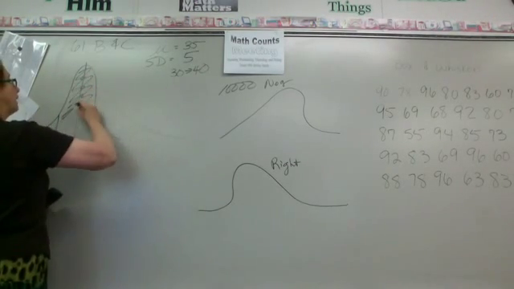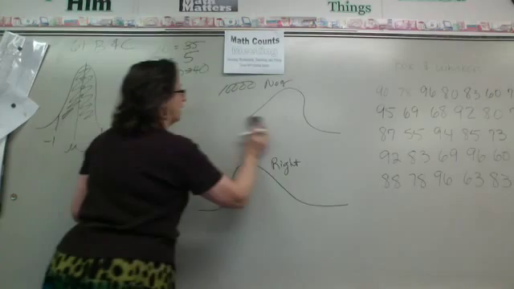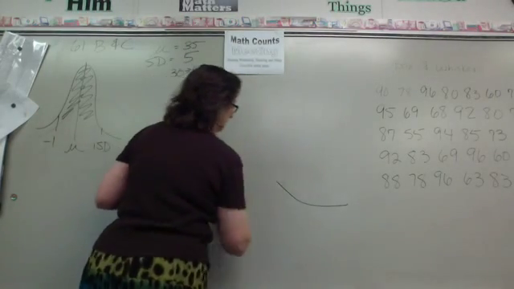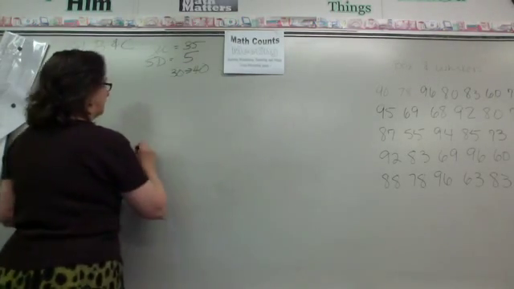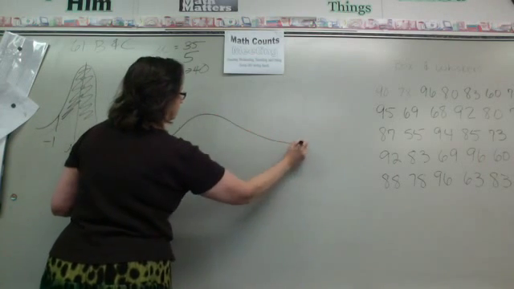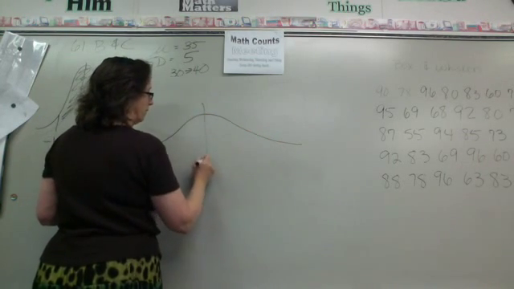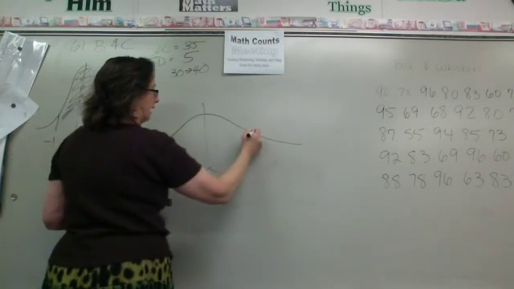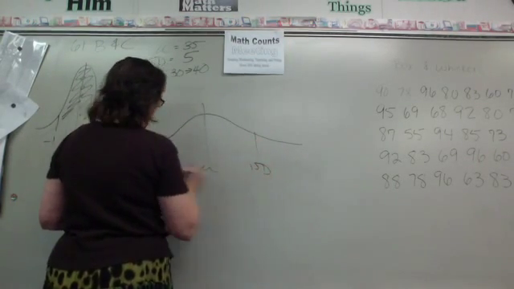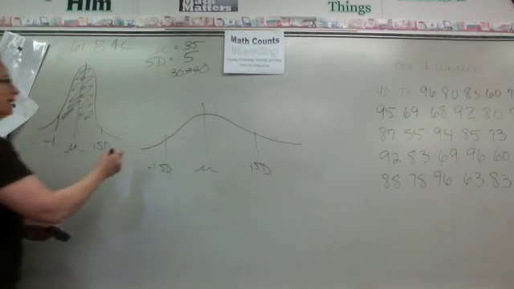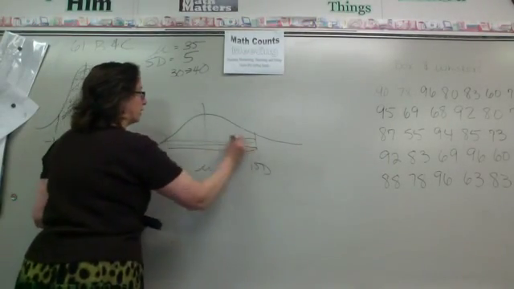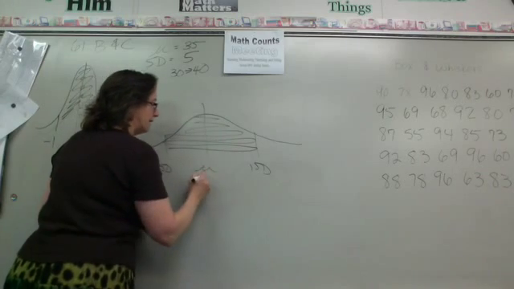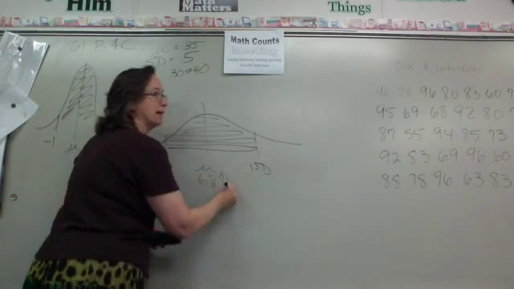And what were they trying to show you? Then they showed another curve over here that was much flatter. Okay, but they showed you the mean, and they showed you the standard deviation over here. Okay, and then they showed you that this part in here was still the 68%.